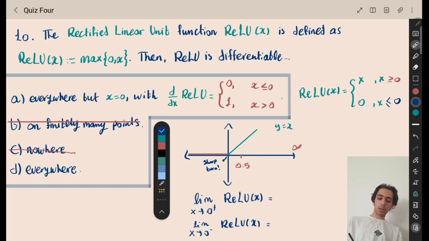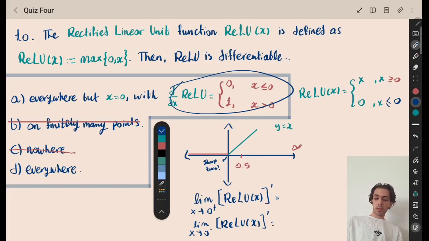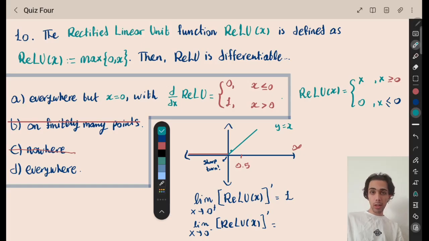Then the graph for the limit for the derivatives, according to this, and this is actually true, so it is true that if we take the derivative, it will have this form. From the positive side, I get 1, because that's the rate of change. I'm on the line, and if I'm on the line, then my rate of change is 1, because this is the unit line.